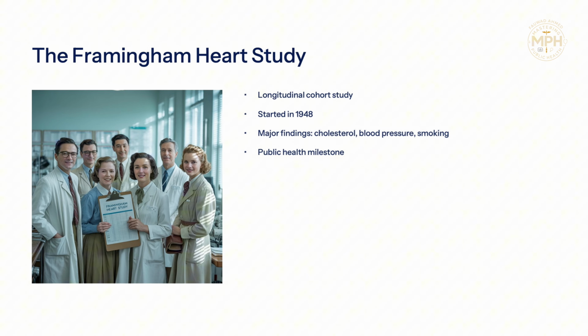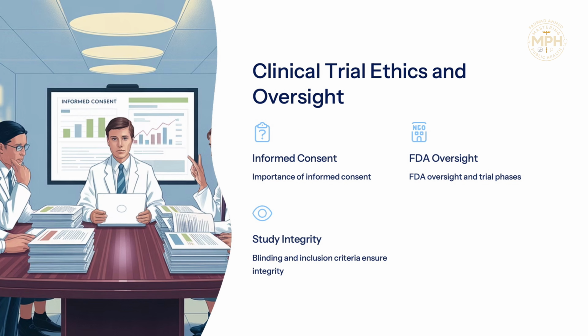Fourth is the Framingham Heart Study. This historic prospective cohort study began in 1948 and followed thousands of residents in Massachusetts. It helped identify critical risk factors for cardiovascular disease, including smoking, cholesterol, and high blood pressure. It is one of the most influential studies in public health history. Fifth is more on clinical trials.